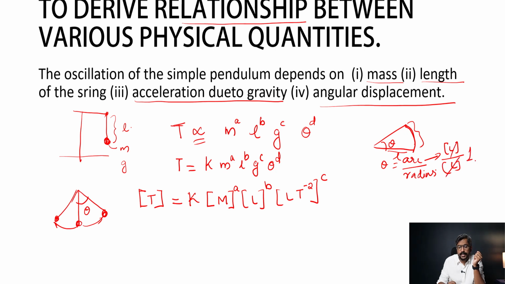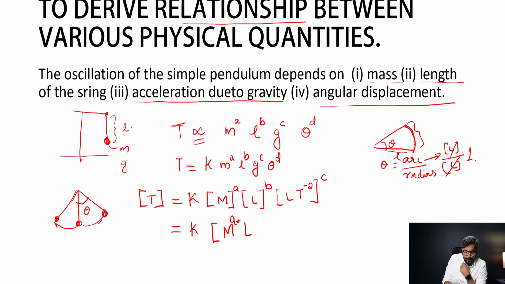What is the dimension of the arc? It represents length. So L by radius, that is L by L, which is nothing. So it is a dimensionless quantity, and we don't need to take that theta in this particular scenario. So T is like this.